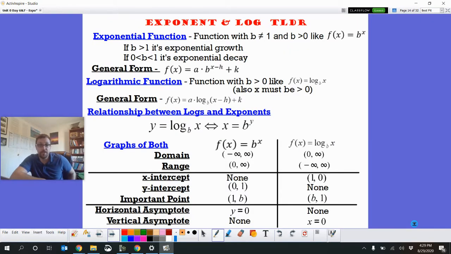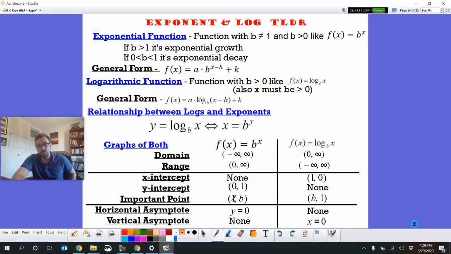So here is the TLDR version again. We mostly talked about graphing these things. We're going to talk a little bit more about solving them next time. I've also condensed, and probably written better or more accurately, how to graph these functions, especially their interesting point.